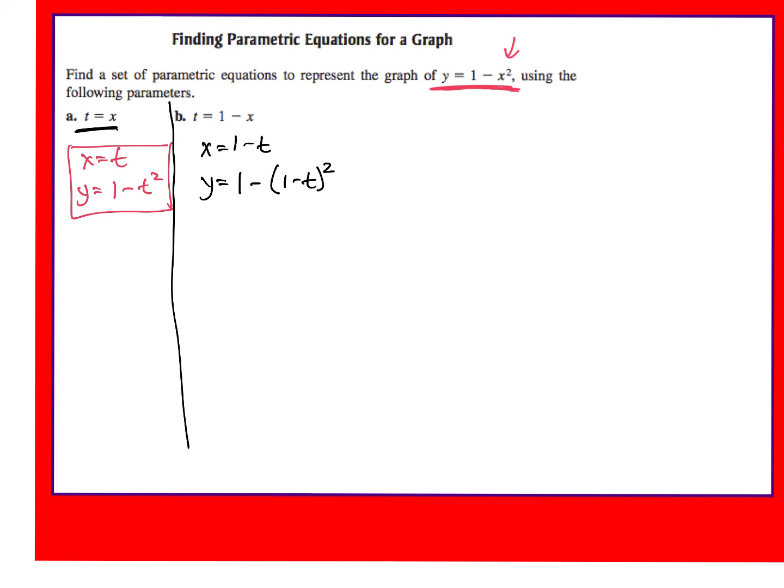And I personally am okay with you leaving it right there. All right. Am I going to take off if you FOIL, distribute the negative, combine like terms? Am I going to take off for it? If you do it correctly, I'm not. All right. But I am personally okay if you leave your parametric just like that. All right. Pretty good?